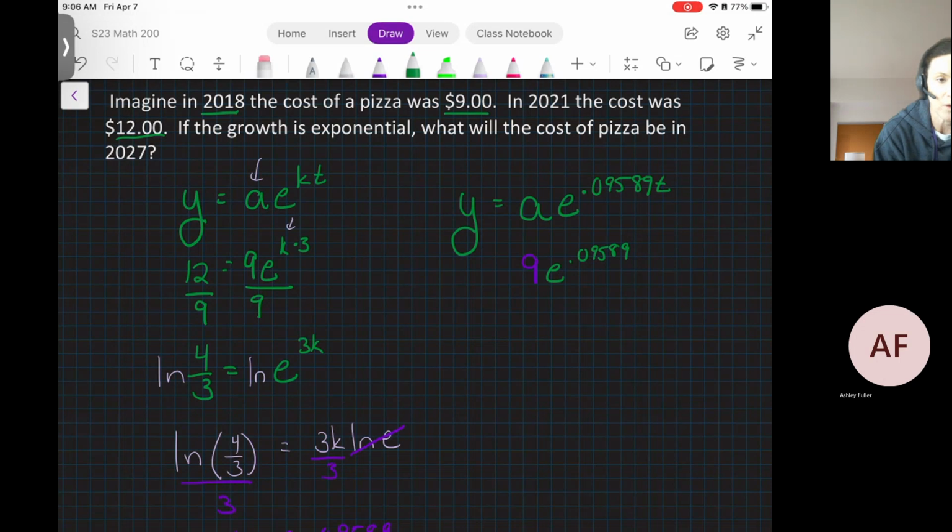But this time we're going from 2018 to 2027, which is a t value of 9 years. And so we can calculate the new value for our pizza. Be very careful here when you plug this into the calculator. Make sure you include parentheses correctly so that 9 becomes part of the exponent. And you will end up with a cost of the pizza of $21.33.